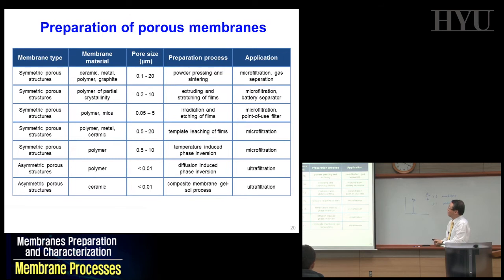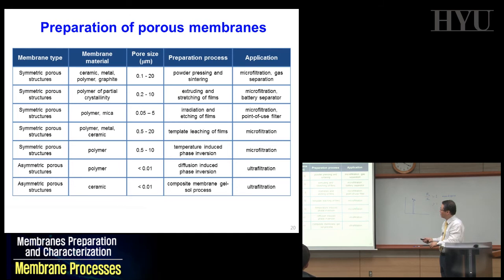If you want to make a porous membrane, we can have symmetric structures and asymmetric structures. Usually, asymmetric structures are required in the case of a little smaller pore size on the top. If you have a smaller pore size, made of polymer or ceramics, we can have ultrafiltration.